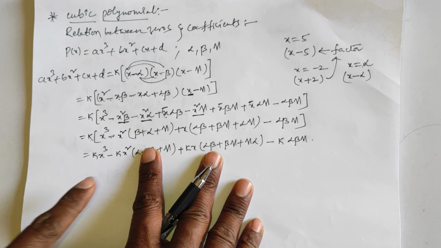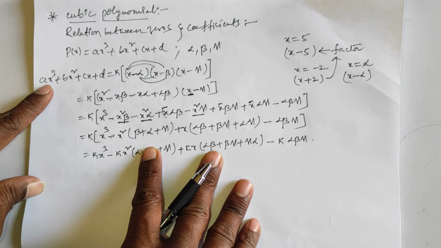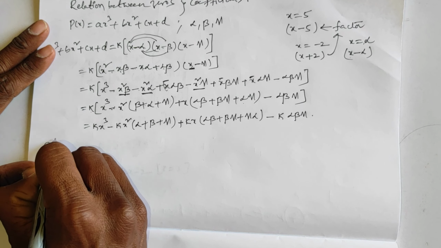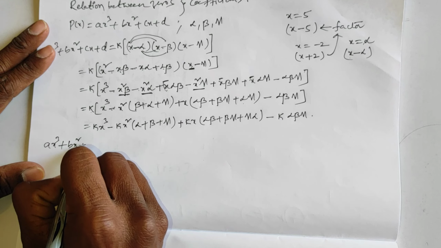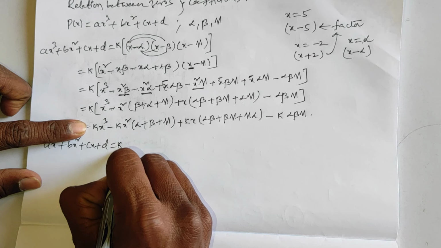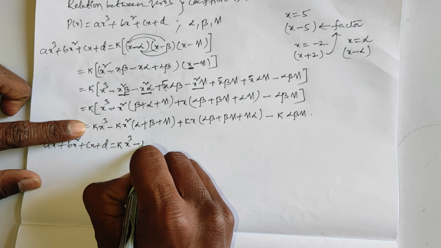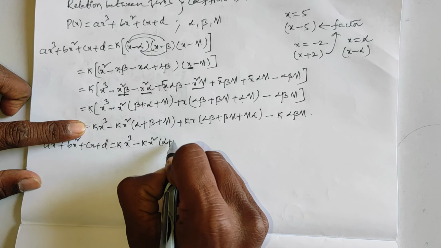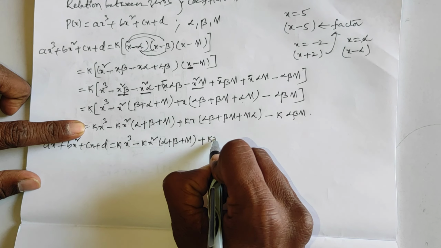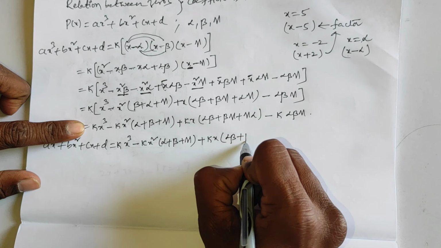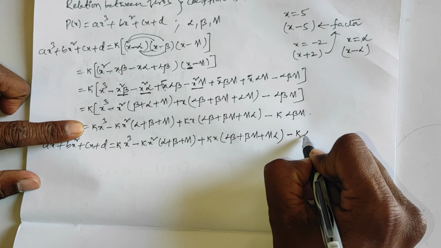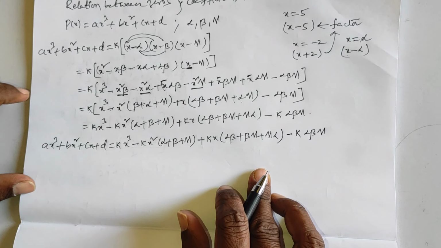Now this one we have to compare with the standard form of the cubic polynomial. What is the standard form of the cubic polynomial? Ax cube plus bx square plus cx plus d is equal to what we got: kx cube minus kx square into alpha plus beta plus gamma plus kx into alpha beta plus beta gamma plus gamma alpha minus k into alpha beta gamma.